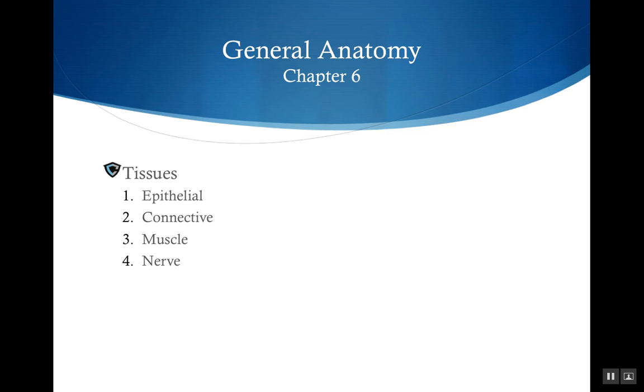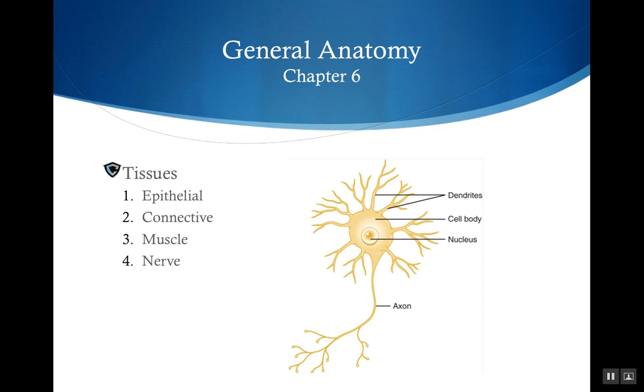The fourth type of tissue is nerve tissue, and this is a picture of a neuron, or a nerve cell. Nerve tissue can be found in the brain, in the spinal cord, and in the nerves. It can be motor or sensory. That means it can stimulate a muscle to contract, so that's the motor part, or it can be sensory, meaning it has the ability to react to certain environmental stimuli, like heat, cold, light, or pressure.